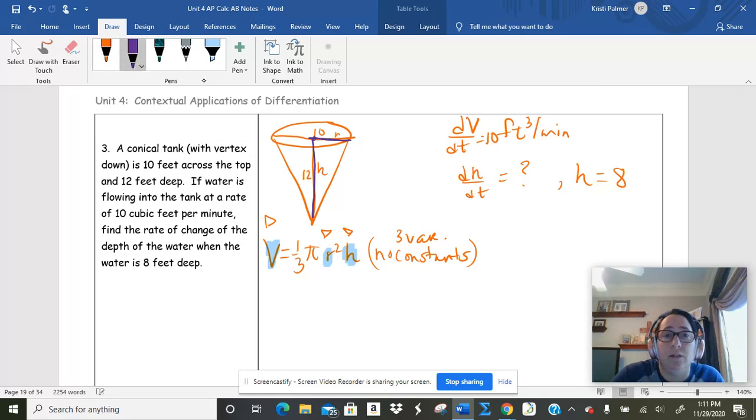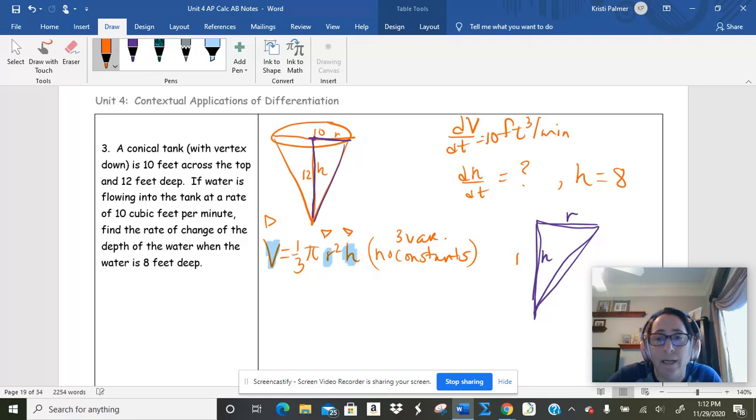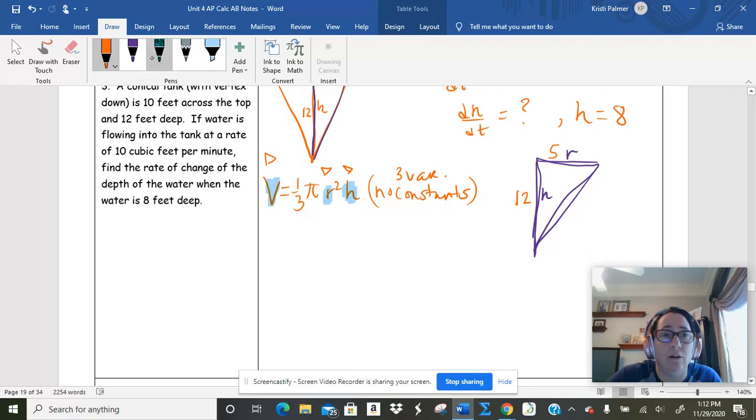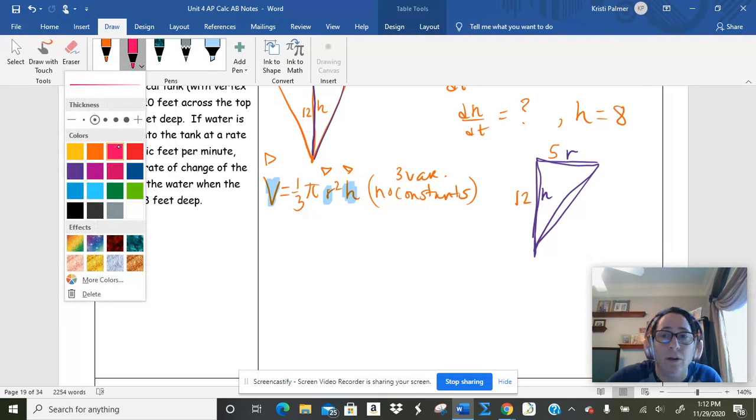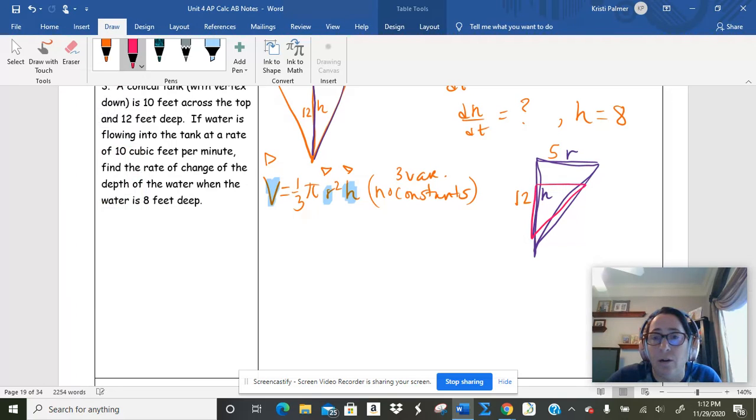And the other trick that we're going to do is we're going to take this purple triangle and set up what's called similar triangles. So this is H, this is R, and then they also gave me a specific one where H is 12, and be careful, R is 5. So we're going to set up a similar triangle for any H and any R. You see how these two are similar here?